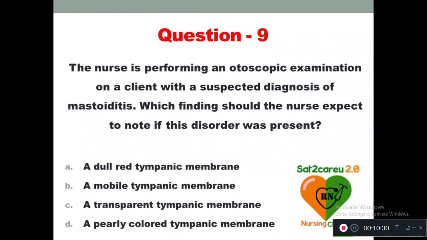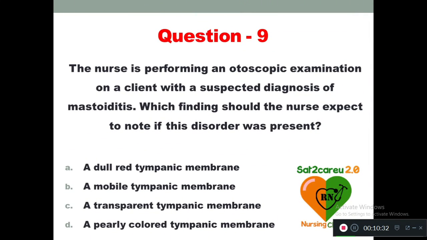Now, ninth question. The nurse is performing an otoscopic examination on a client with a suspected diagnosis of mastoiditis. Which finding should the nurse expect to know if this disorder was present? Option A, dull red tympanic membrane, B, a mobile tympanic membrane, C, a transparent tympanic membrane, and D, a pearly colored tympanic membrane.